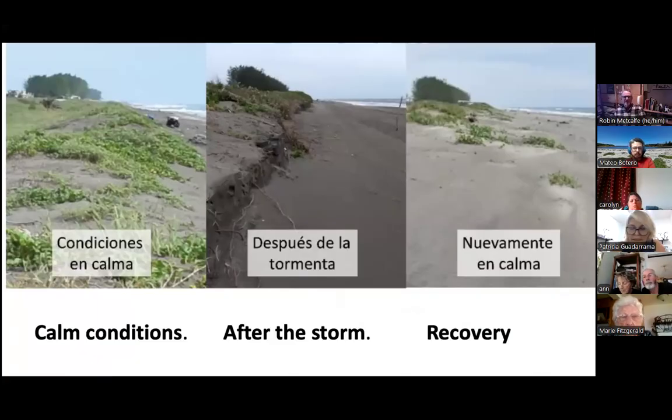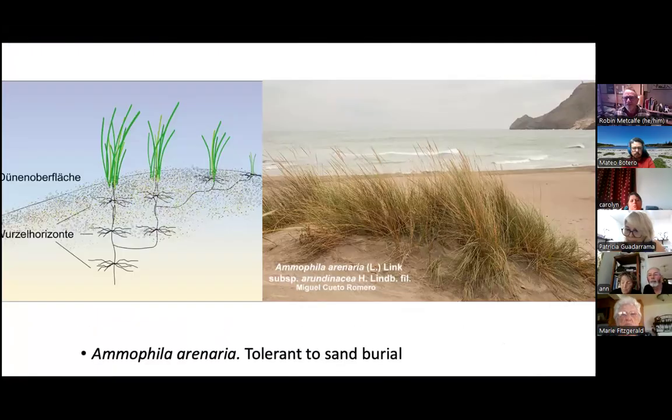Look at this image as well. As you can see, over time, the ecosystem recovered. Calm conditions after the storm and recovery. Some plants, this point is important.